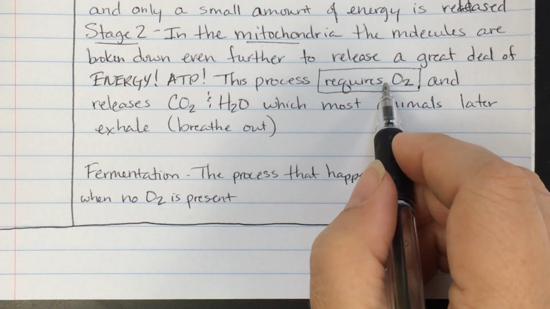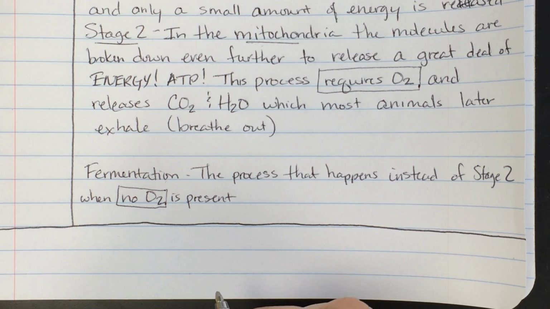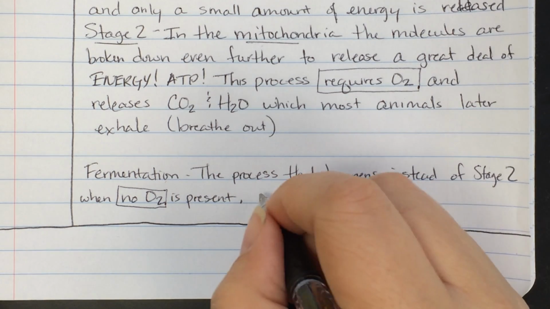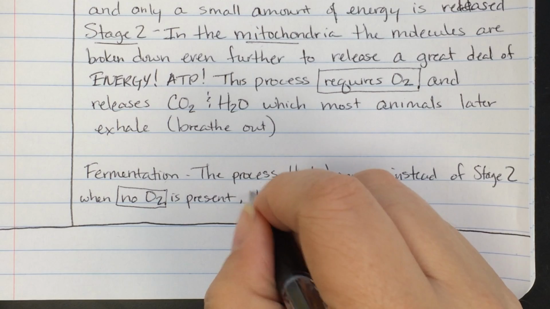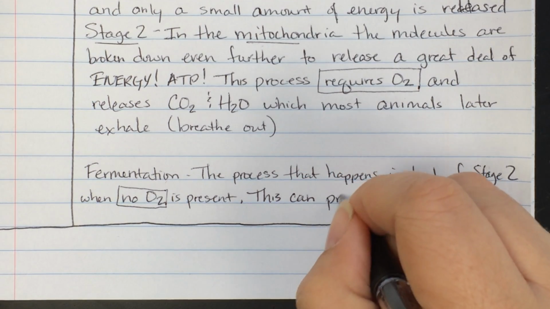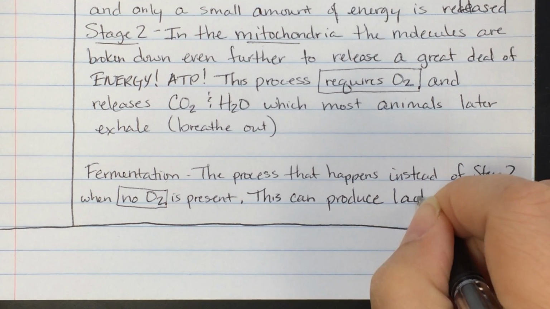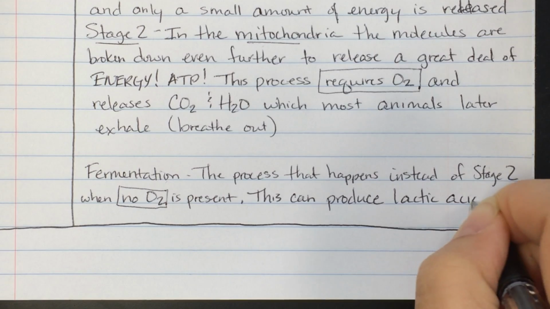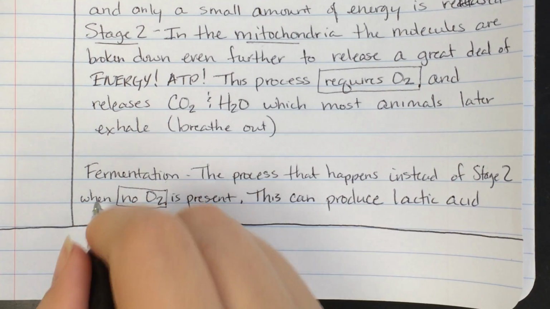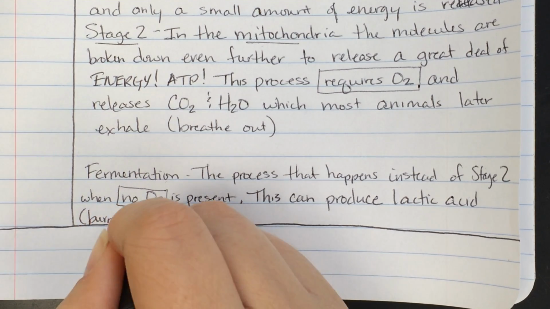So this one requires O2. I'm going to put a little box here around no O2 in fermentation. So this process can produce lactic acid. So we see this is the burn from exercise.